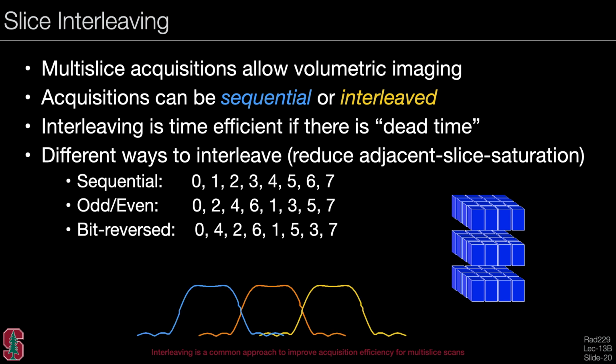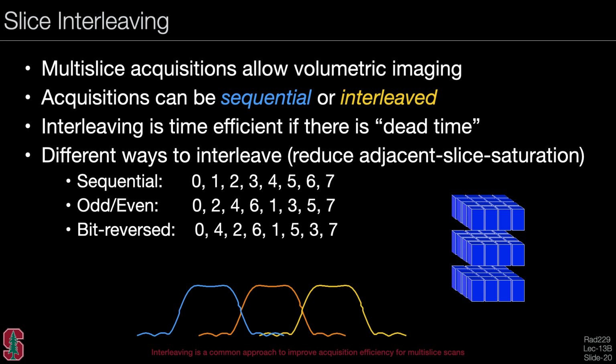There are different ways to interleave the slices, and these will reduce saturation of adjacent slices as shown by the profiles at the bottom. So we can do sequential slice interleaving here, where we acquire these sequentially, but in this case we might have interference from adjacent slices.